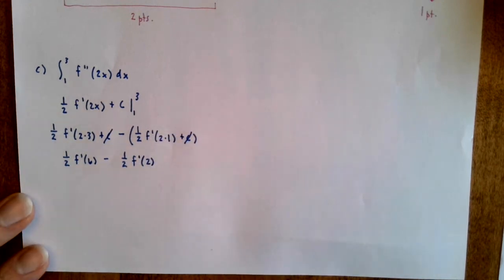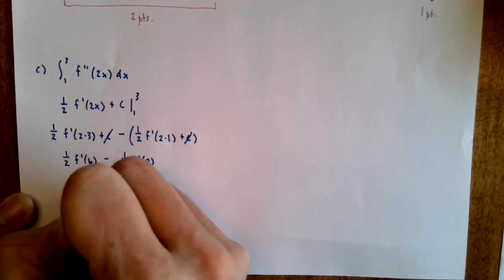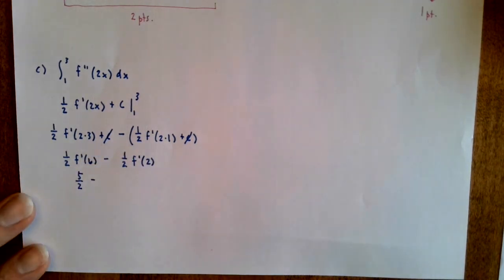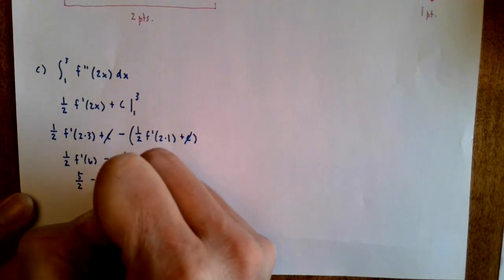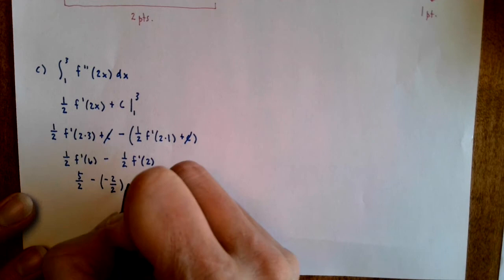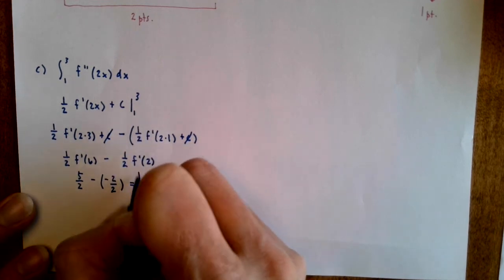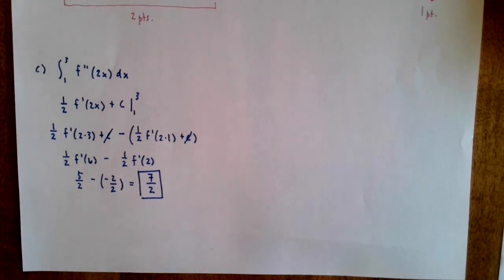Looking at my table, f prime of 6 is 5. So I have 5/2 minus f prime of 2 is a -2 over 2 from my 1/2. And so that turns into a positive 7/2. So if you like it that way, you could be done there.